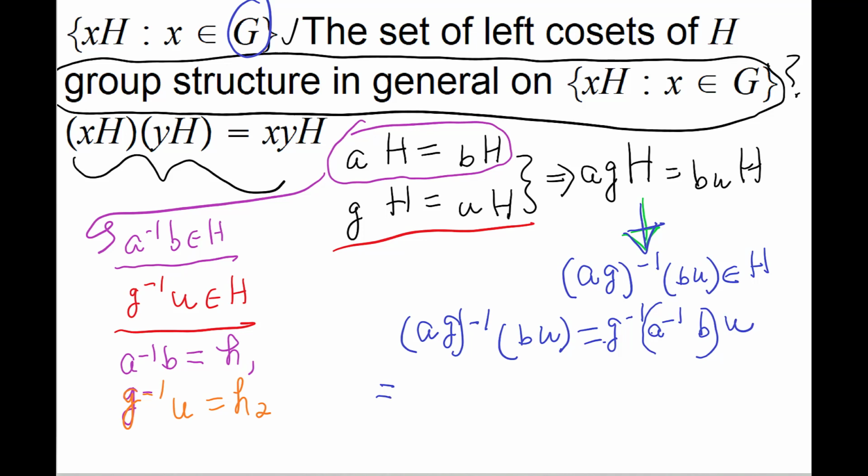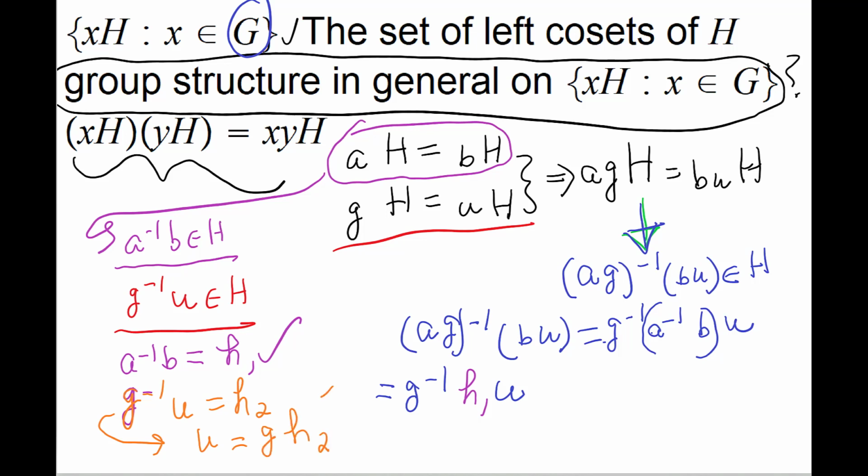So you will get g inverse, and then we get our h1 in the middle. Remember, that's what we are getting from here. And then what do we get? We get u, right? Now let's see who u will be.